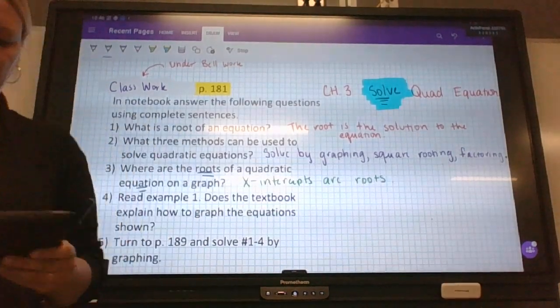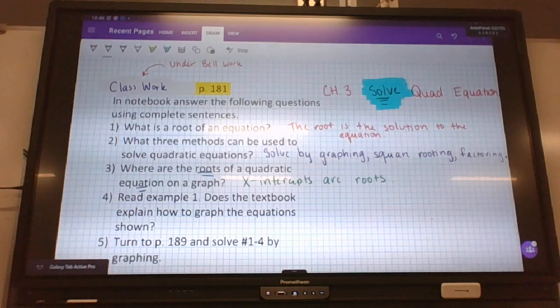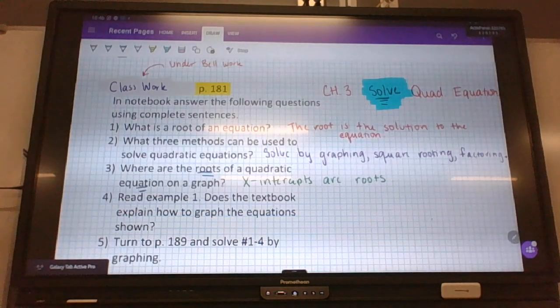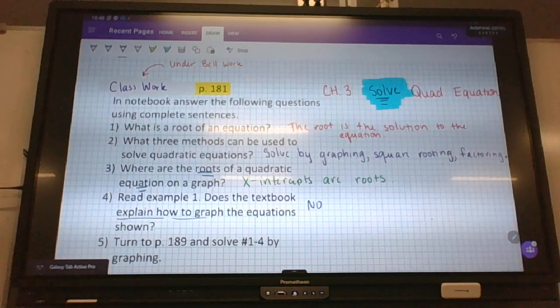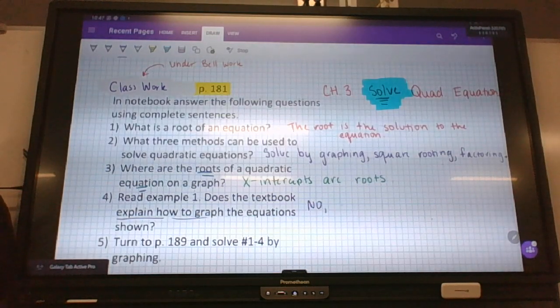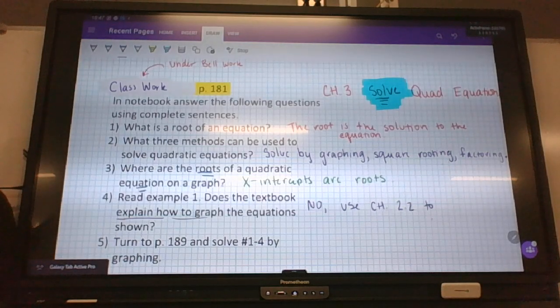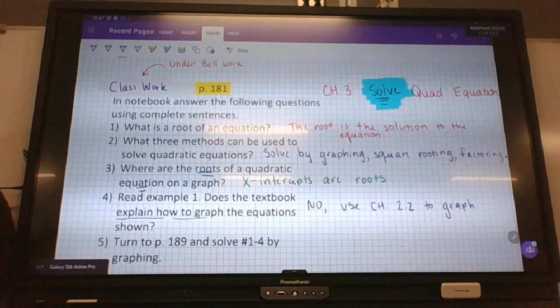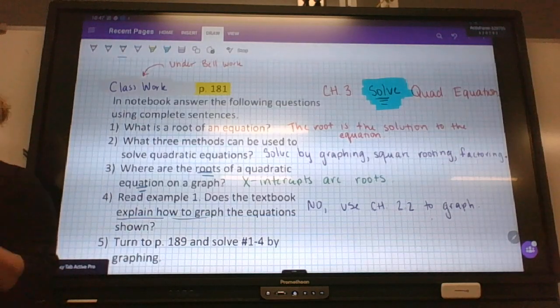Now, in the textbook, it shows you to solve by graphing. Does it explain how to graph, Vincent? No, the book does not explain how to graph. By chapter 3.1, your Algebra 2 textbook assumes you know how to graph a parabola.